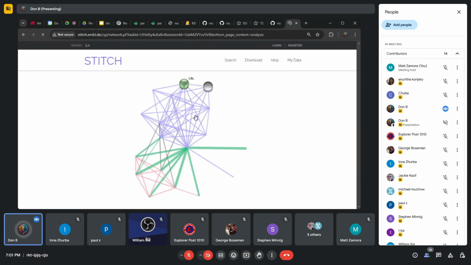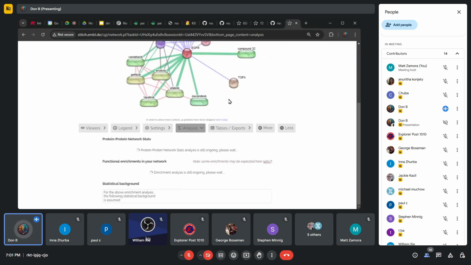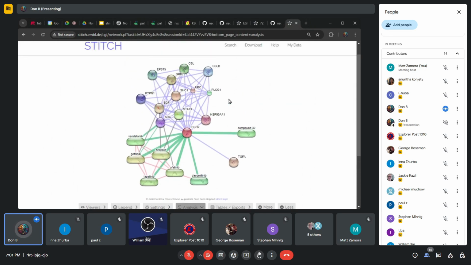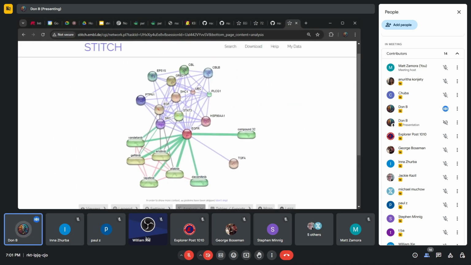It may not work in terms of analysis. When it is working, when the load isn't too high, you can overlay your disease context and your pathway context from KEGG or WikiPathways.